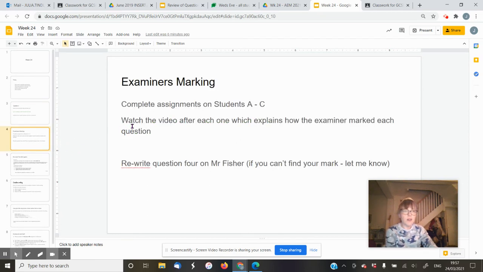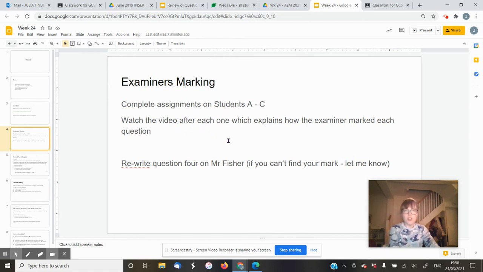Okay, hopefully you have remembered everything there is to know about question 4. Now we're going to carry on in the same way that we have been for the last few weeks. So you're going to read some of the students' answers, so A, B and C. So read student A, give it a mark, and then watch the video and see how the examiner has marked and see whether you've chosen the correct mark.